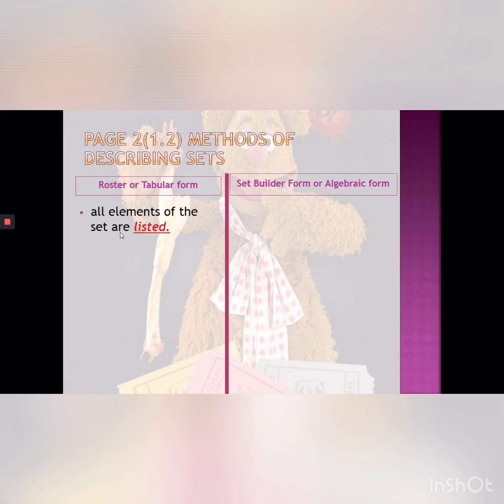When you say roster or tabular form, you have to write all the elements of the set. So listed, it means you have to write all the elements of the set. Now, since we are talking about sets, we always need to use braces to start the set, and we also need to enclose the set.